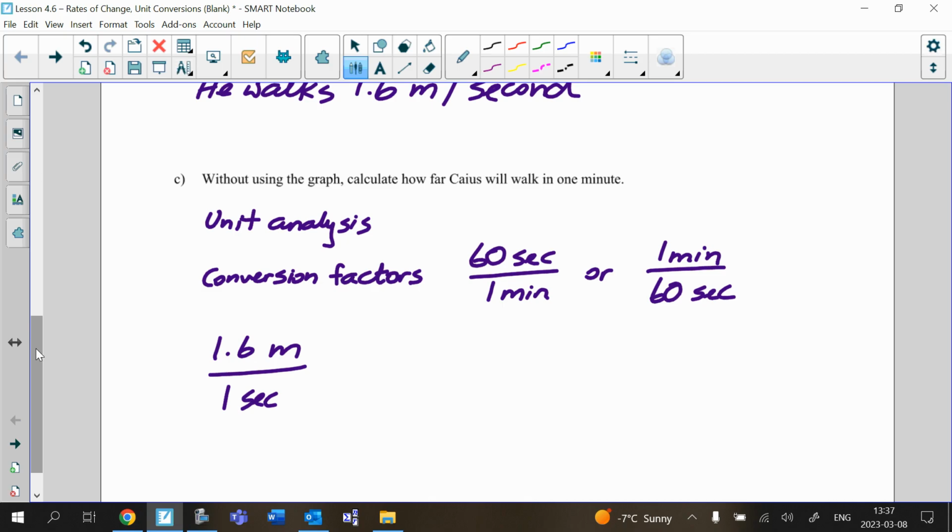The one that you pick is the one that has the units diagonally that you can cancel. So I'm going to take this one, 60 seconds per 1 minute. Why? Because I can cancel those out. That's the one that you choose so that you can cancel.